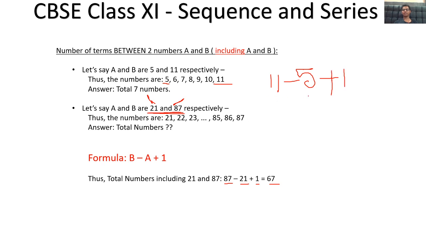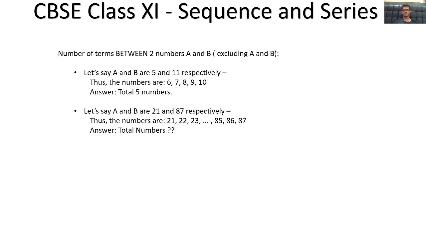So 11 minus 5 is 6, and 6 plus 1 is 7. So yes, that's how we get the number of terms between two numbers, including those two given numbers. Let's go to the next slide.